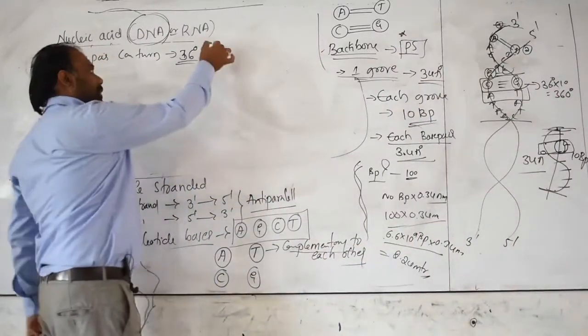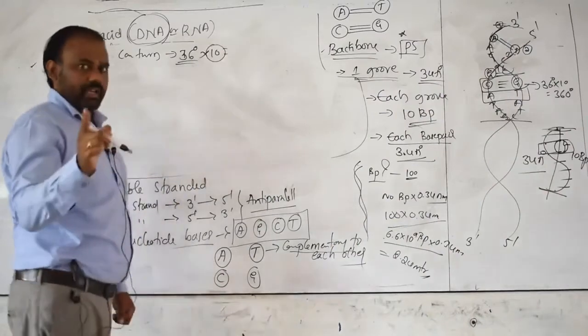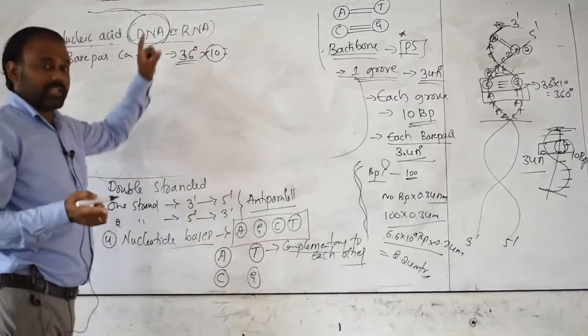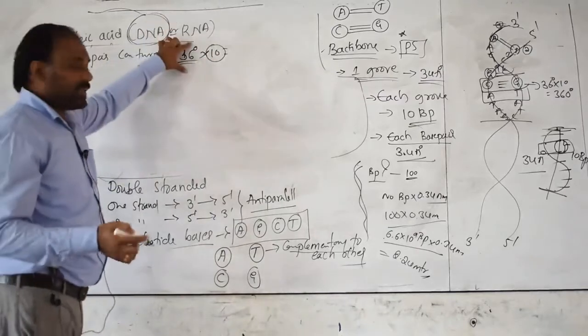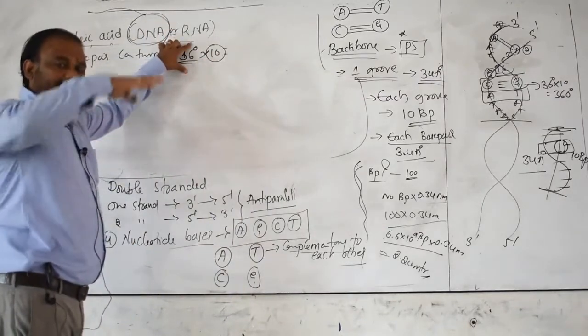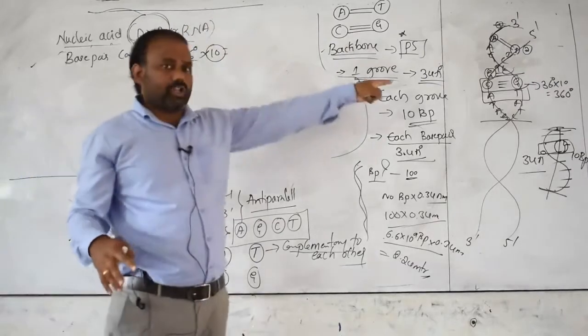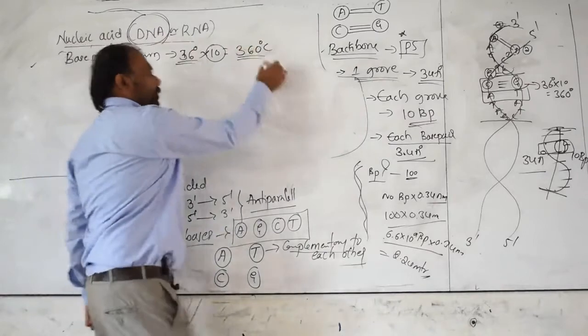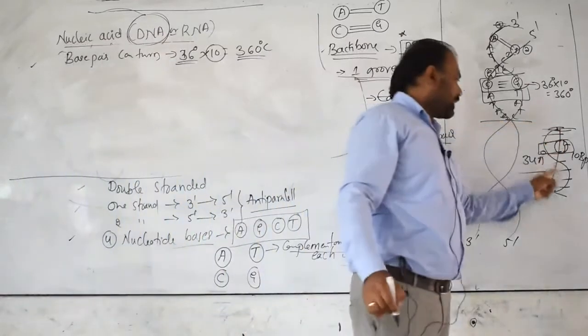Because 10 base pairs are present in each groove, and one base pair can turn 36 degrees, one single groove can turn 360 degrees.